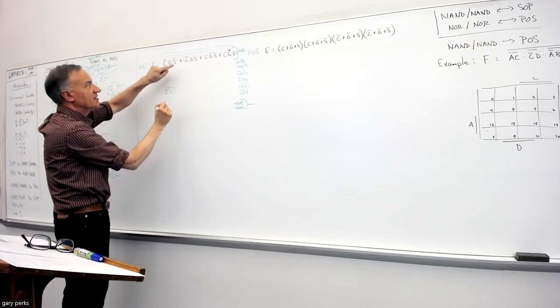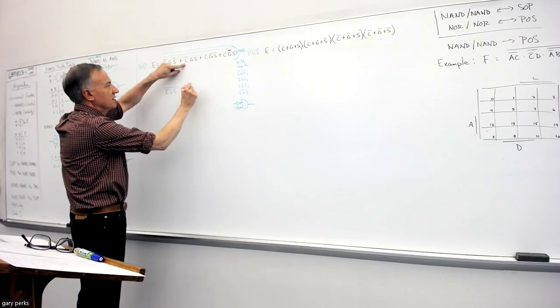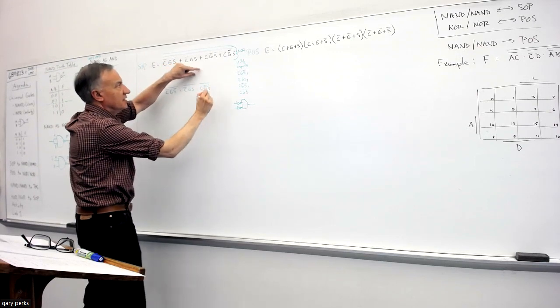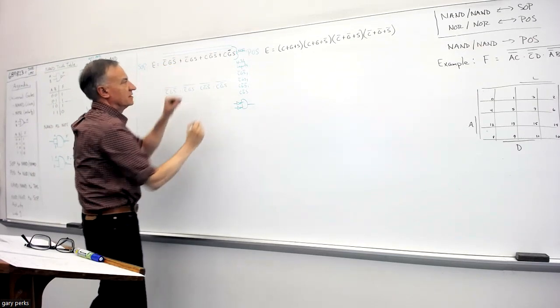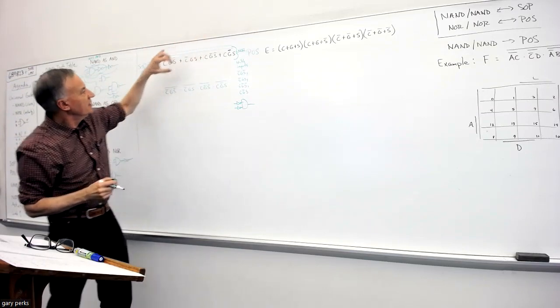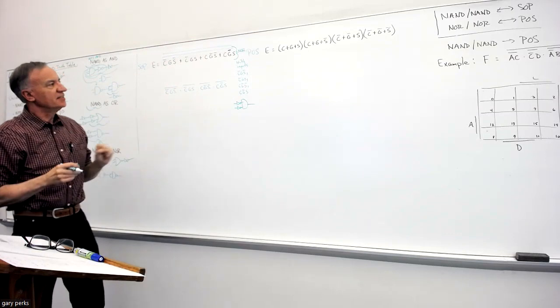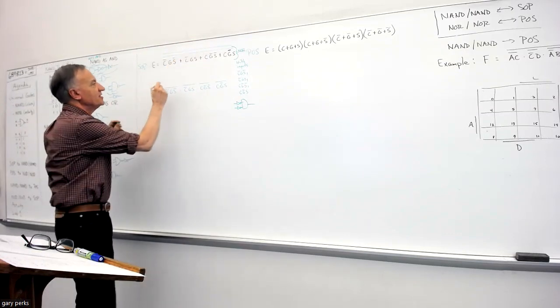Then I AND it with the next input inverted, and AND it with the next. So you see this NOR gate is equivalent to an AND with inverted inputs. Now, remember, we ignored that top bar, so that's still there.